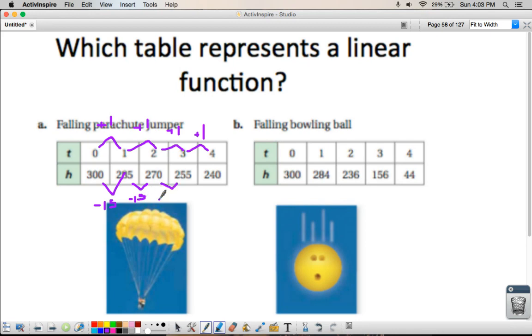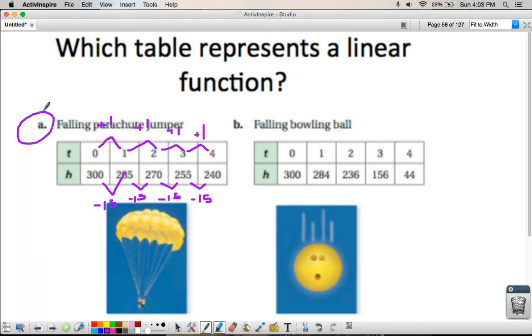From 270 to 255, I subtract 15. From 255 to 240, again, I subtract 15. So there's a 1 going all across the top and a negative 15 going all across the bottom. So A is a linear function.